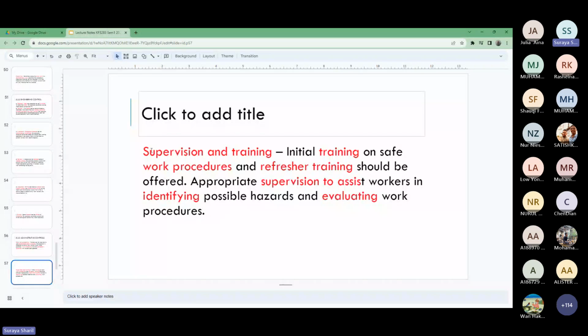That is why training always needs to be put in place. So everybody in the work area will have the same level, or the minimum level, of understanding of the health and safety procedure in that company.